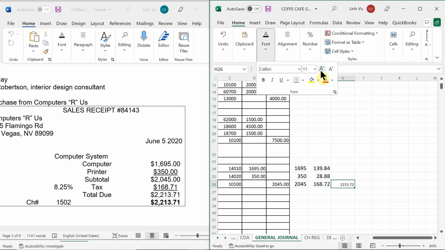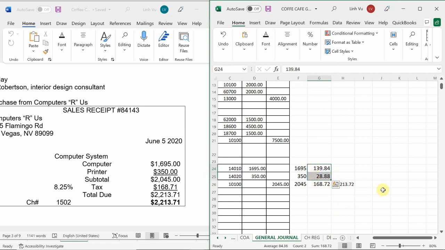No, I didn't. I paid 2,213.71. So where is that penny going to go? This is where we have to consider and do our math again. So let's expand this again, right? Let's redo this again. Right?